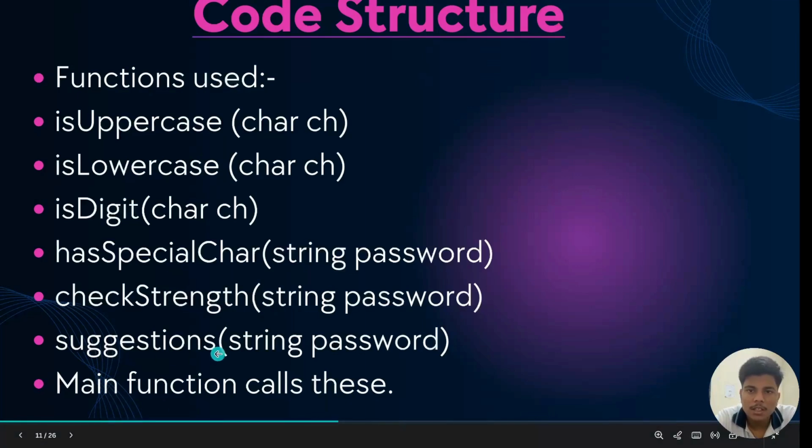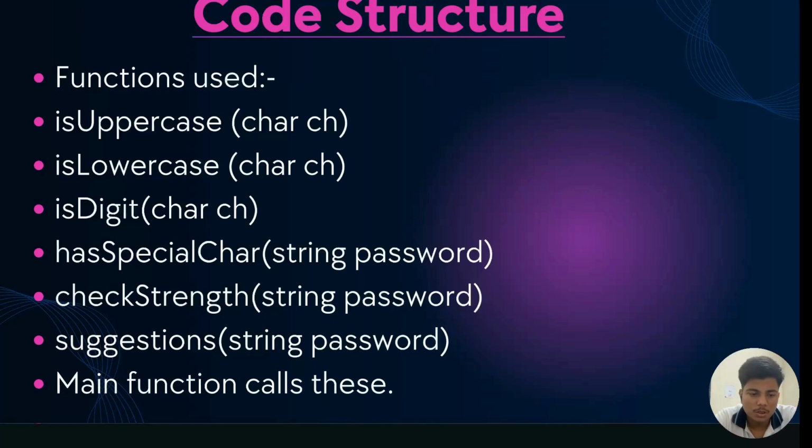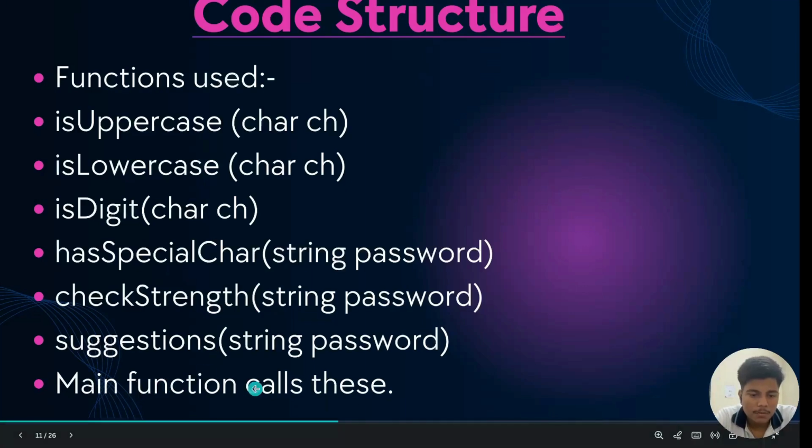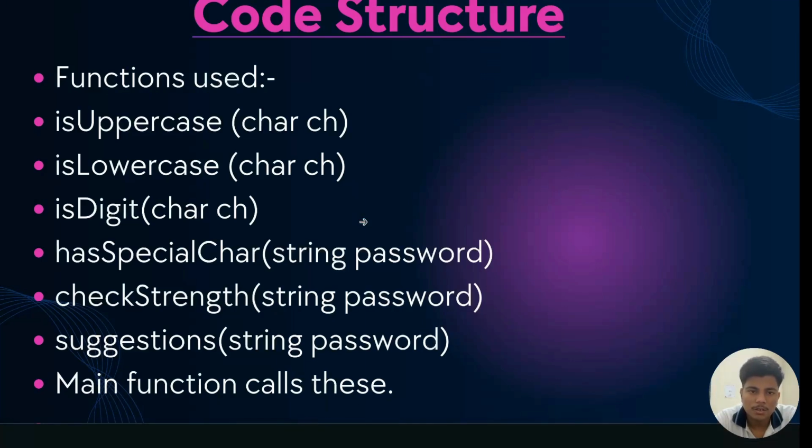Suggestions will finally print suggestions to the user to improve his or her password. Finally, the main function integrates all these sub-functions and gives us the overall strength of the password.